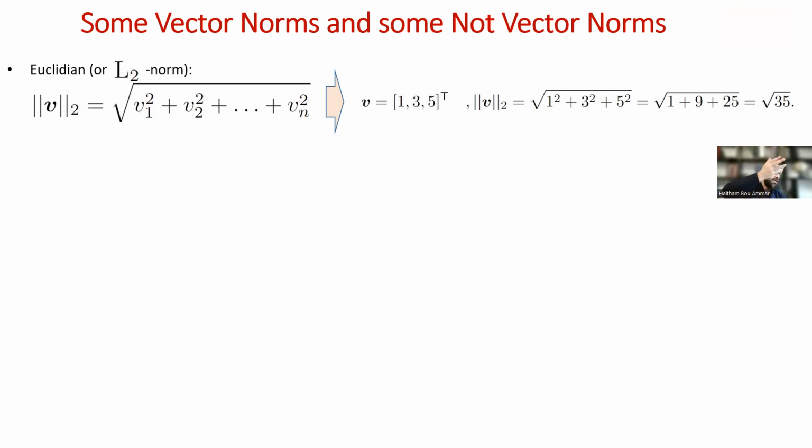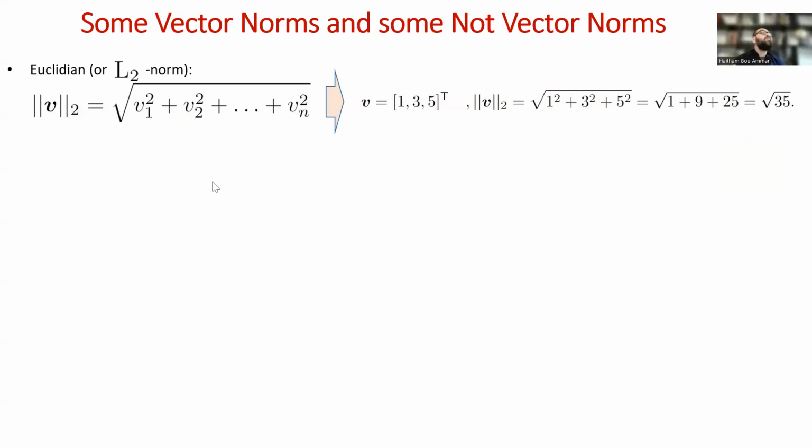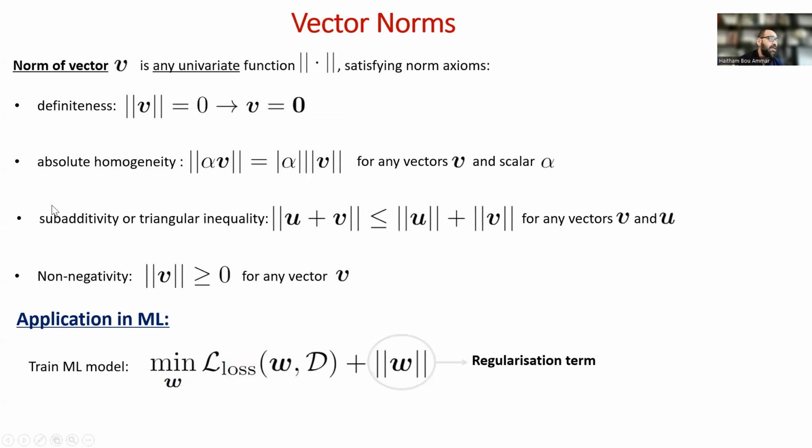Now if I look at the norm of that vector v, I just do the square root of 1 squared plus 3 squared plus 5 squared, using the definition: first component squared plus second component squared, up to the nth component squared. And please notice, as we showed before, the Euclidean norm satisfies the norm axioms described before: definiteness, absolute homogeneity, sub-additivity or triangle inequality, and non-negativity.